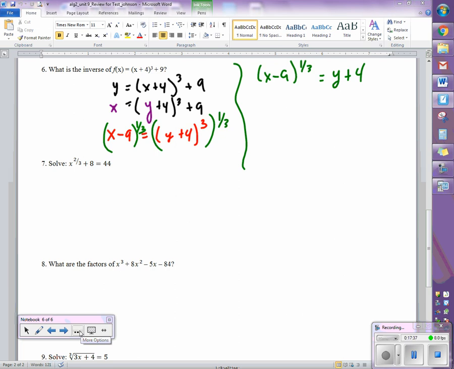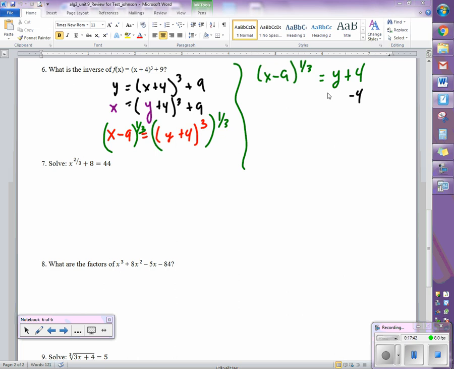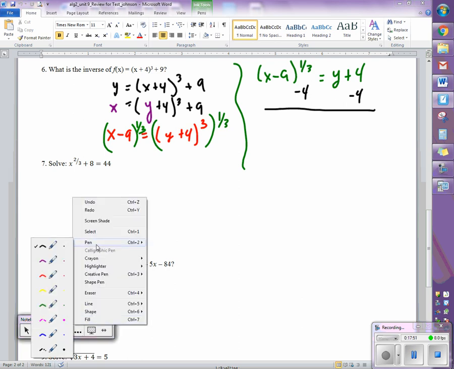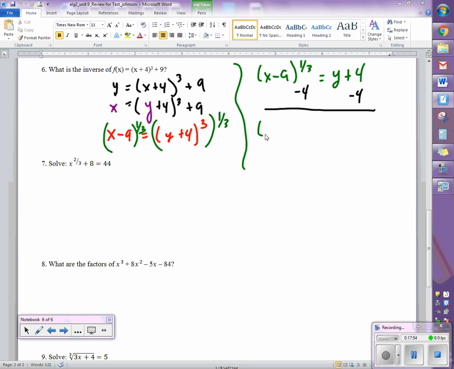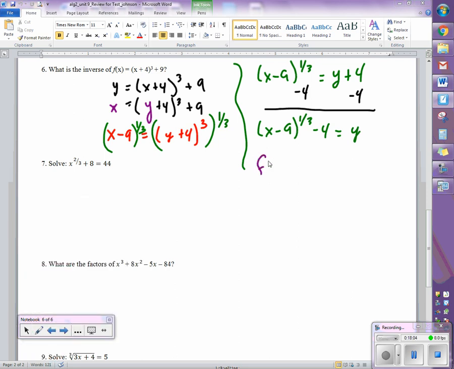I then subtract 4 from both sides, but when I subtract 4, I cannot subtract it from 9. 9 is trapped in the parentheses, and it won't come out. But I can still show it on the left-hand side. And then write it in the correct notation. So f inverse of x is equal to x minus 9 to the 1/3 power minus 4.